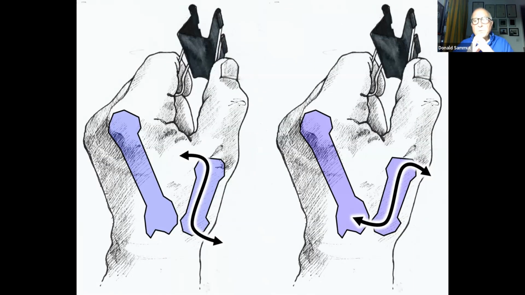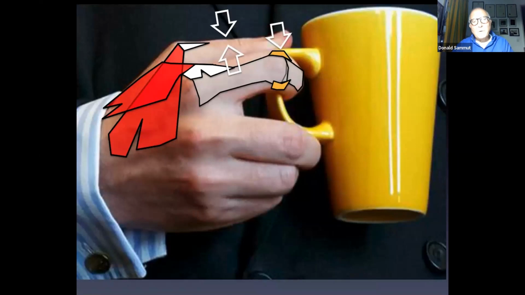They produce between them very powerful adduction, but it's a stable adduction, a bit like the short muscles around the shoulder will stabilize the humeral head when you abduct, for example. And so you can start to work out really what the stabilizing forces are for when you grip something hard between thumb and index.